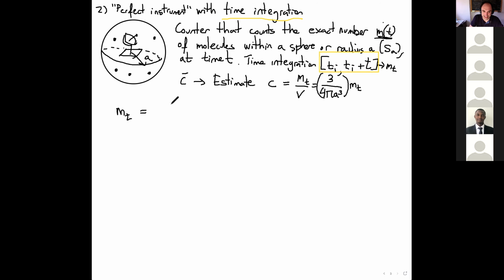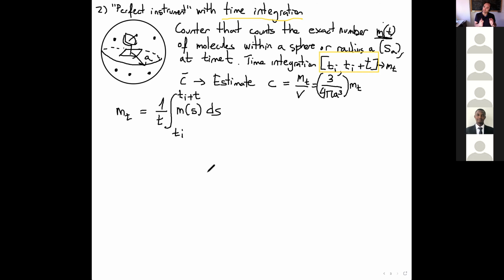It sums the molecules at all times between time ti and time ti plus t, and then it averages this number by the total time.